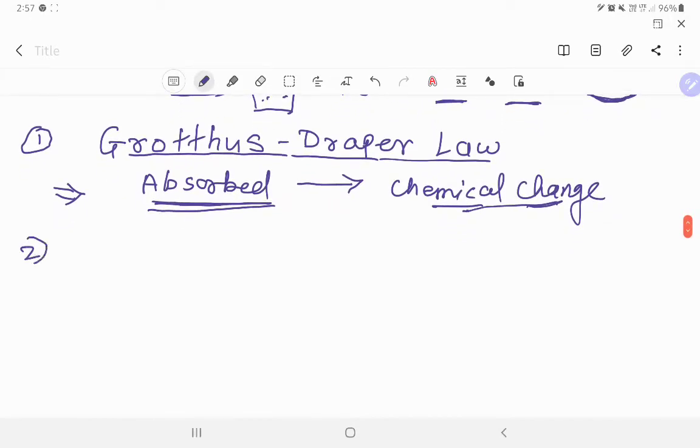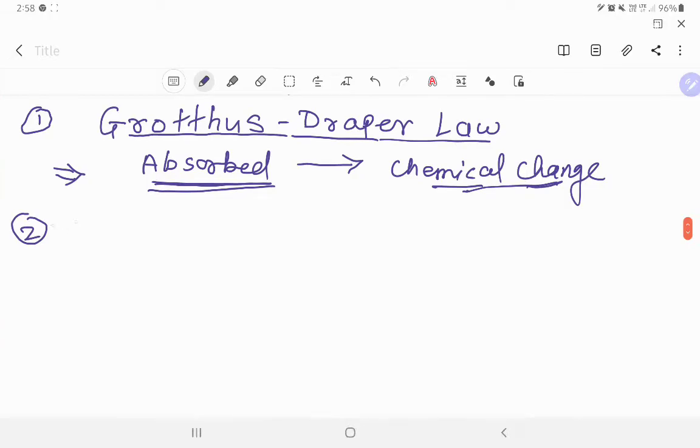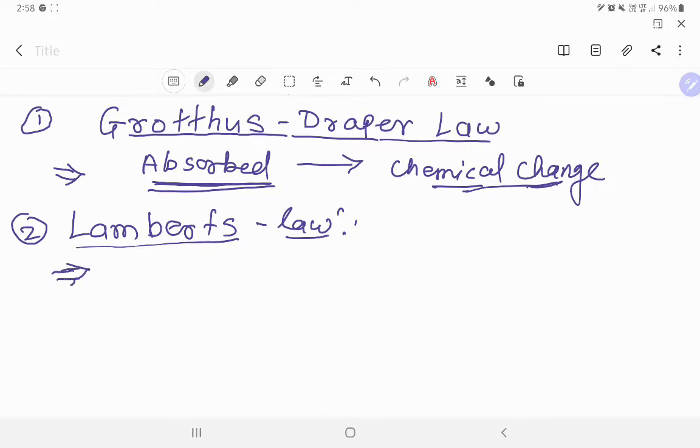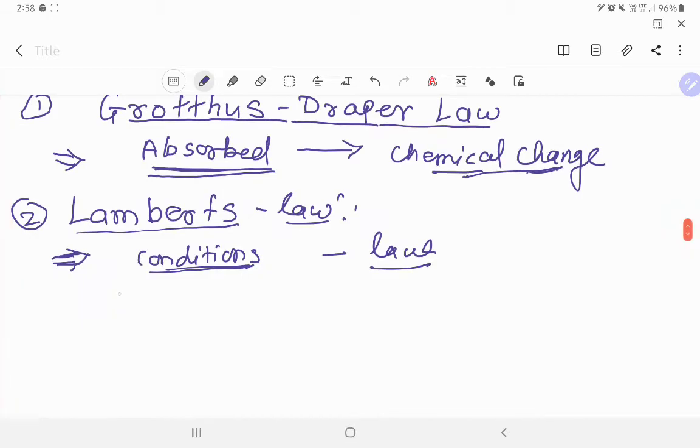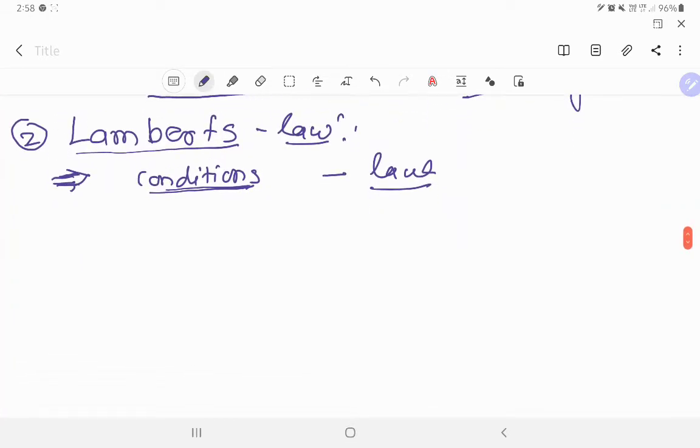Then the second law of photochemistry is Lambert's law. Now see the statement of this law: first the conditions for the law, and then the actual law.